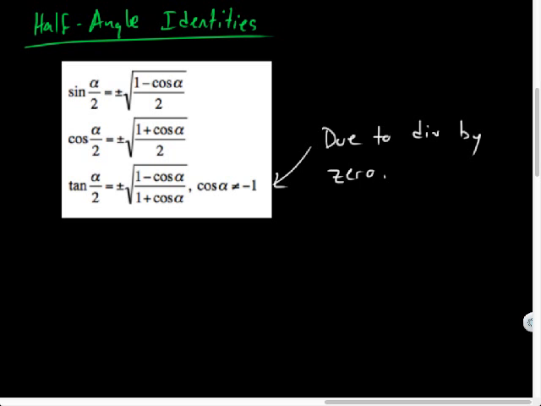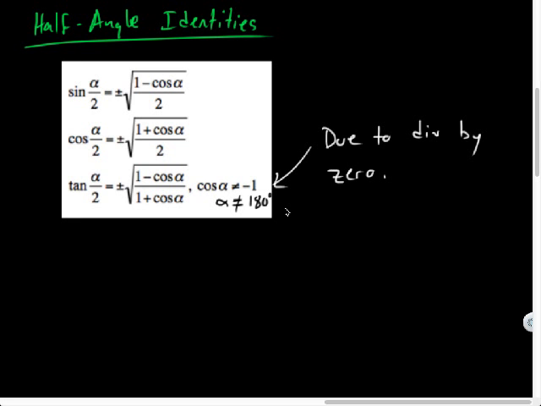Question, what angle would cosine alpha equal -1? What can alpha not equal? When is cosine equal to -1? On a unit circle. 180 degrees. Okay?